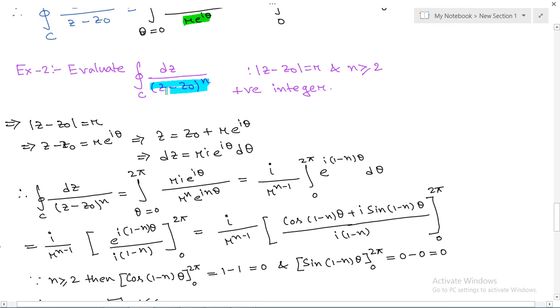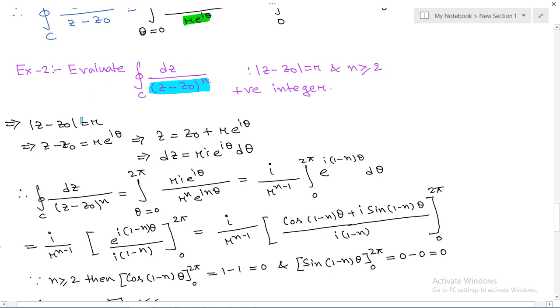For the previous question the power was 1 only, but here it is given as power n, where n is a positive integer, not necessarily equal to 1. If it equals 1, then it will become the previous question.